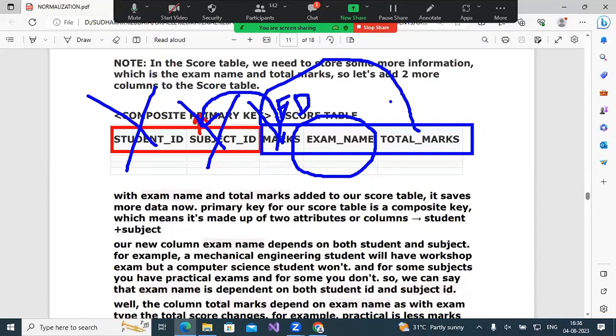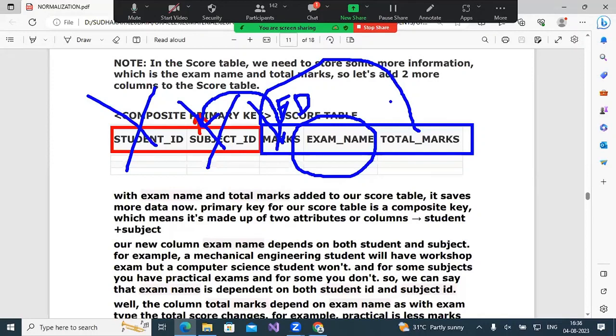BTech has 8 semesters. In first year, first semester, how many subjects? 6 subjects. Total marks how much? I'm not asking your total marks, your semester total marks. 600?